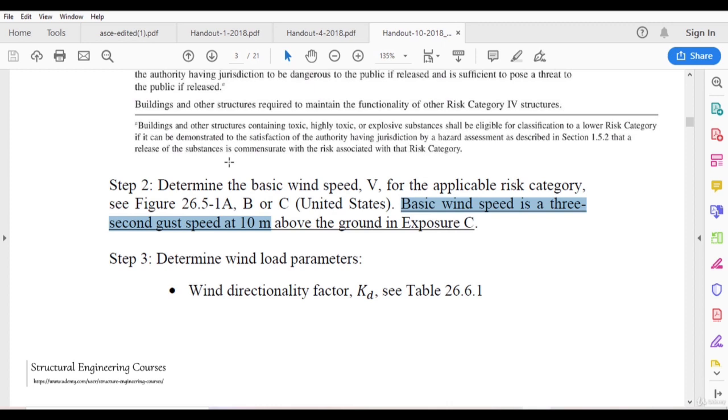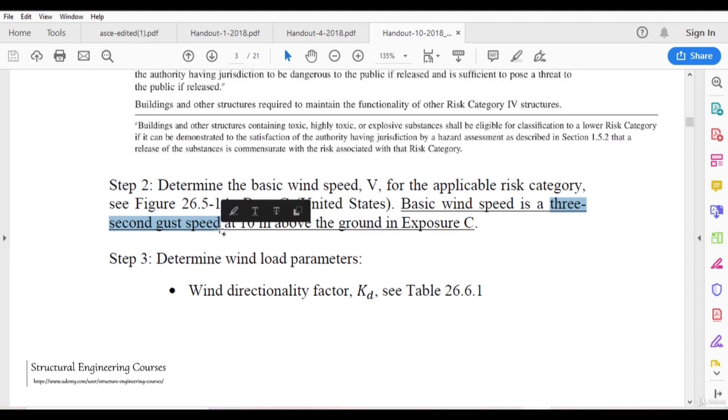If we are saying that this basic wind speed V, let us say, is 100 km per hour, or 30 to 35 meter per second, that 35 meter per second can have a different derivation for, let us say, Indian or Japanese standards. It can be different for European standards, and it can be different for American standards.